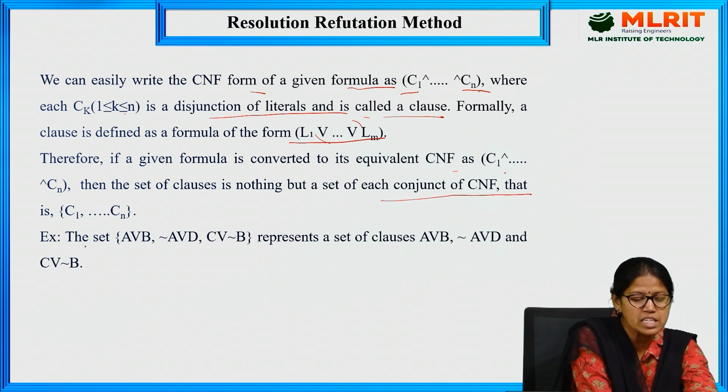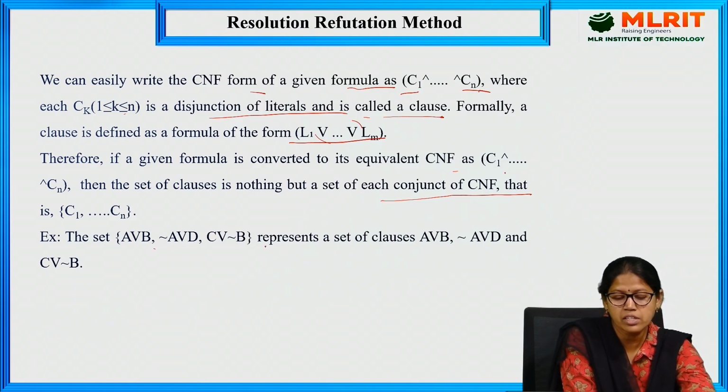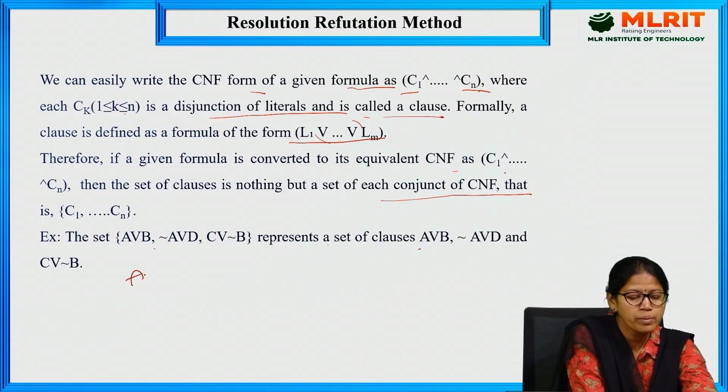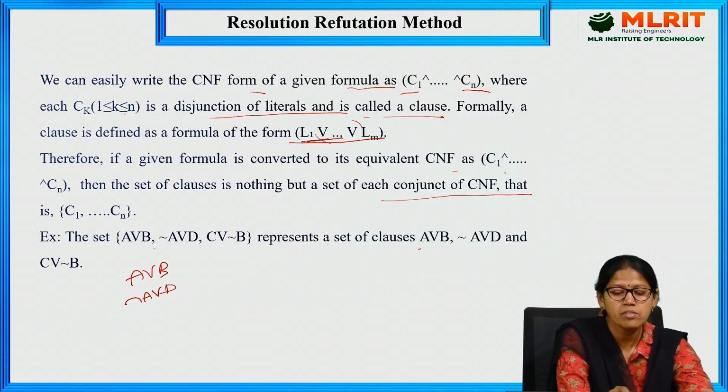Let's see the example. The set A or B, negation A or D, C or negation B represents a set of clauses. So A or B and negation A or D, all these are called clauses. I already said that a clause is nothing but a disjunctive form.